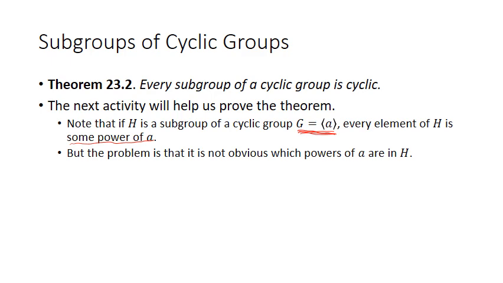And so of course, every subgroup would also consist of powers of A. The problem that makes it a little bit tricky to prove this theorem is that it is not obvious which powers of A are going to be in that subgroup H. G has all the powers of A, but which of those powers are going to be in H? It's a little hard to find out. But let's go ahead and do it in the next activity.